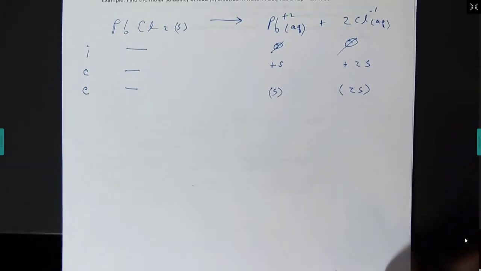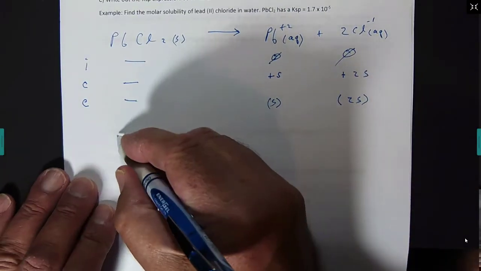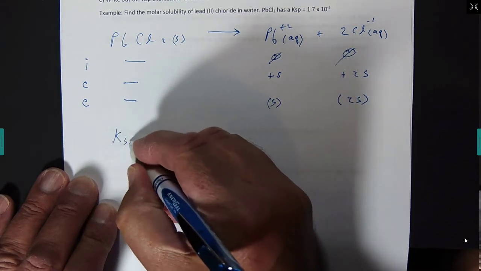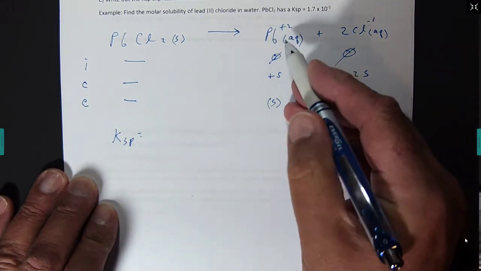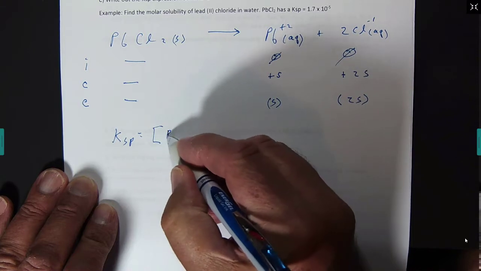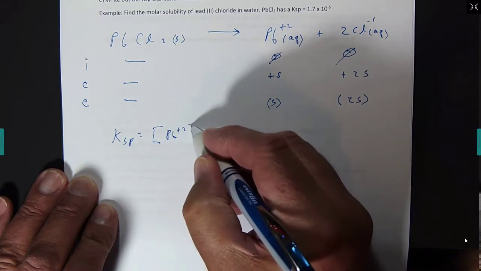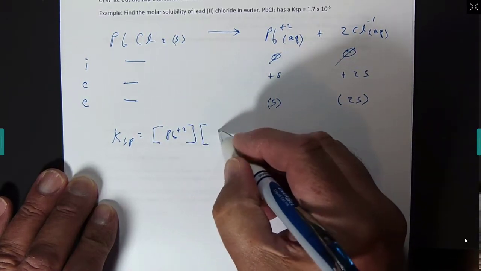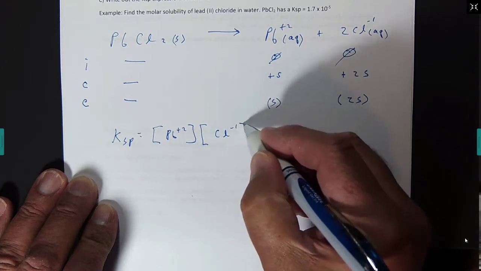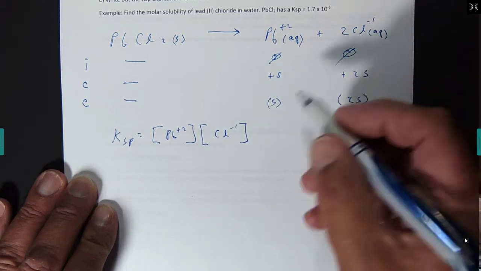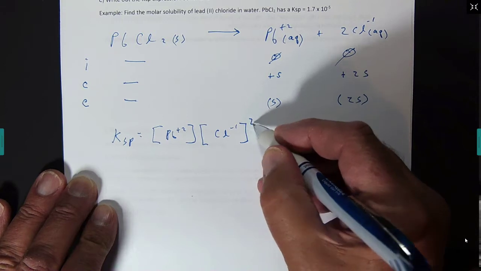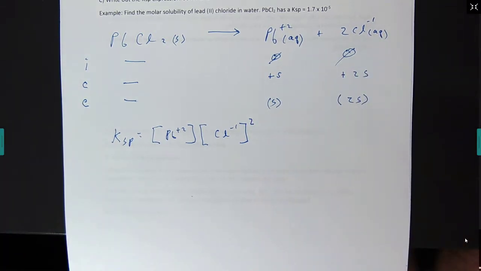So in this particular example, Ksp is going to equal the concentration of the lead 2 times the concentration of the chloride. And since there's a 2 here, the concentration of the chloride has to be squared.